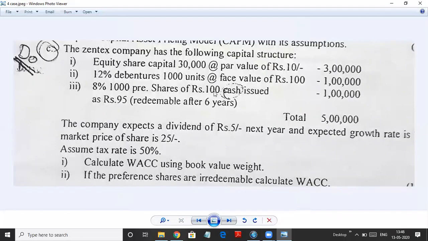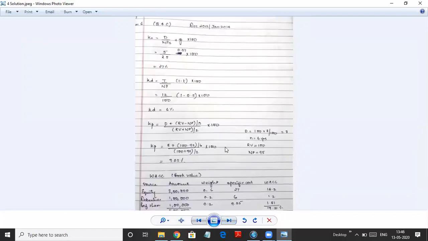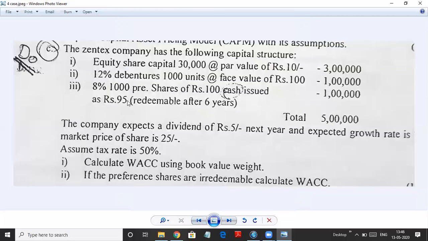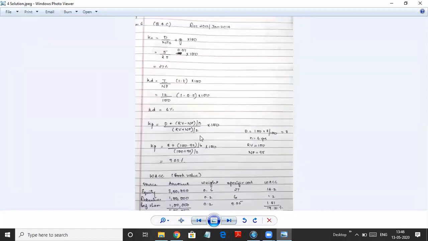So whatever is the face value, at that we redeem. So see here, dividend on 100 rupees, 8% is 8, N is 6 years, redeemable value 100, net proceeds is 95, because that's the selling value. It is being issued at 95. Okay. So if we put all those values in the formula, we get KP as 9.05.